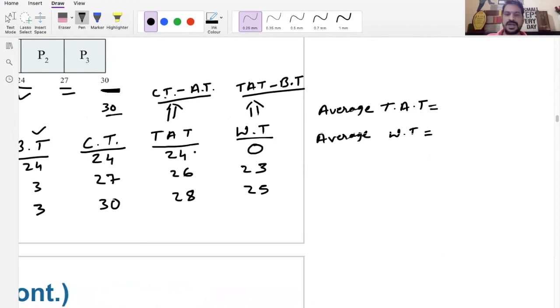Add all the turnaround times, 24 plus 26 plus 28, and divide by 3 because we have 3 processes. Likewise, for the waiting time, we add all the waiting times, that is 0, 23 and 25, and divide by 3. So that is your average waiting time, and this is average turnaround time.